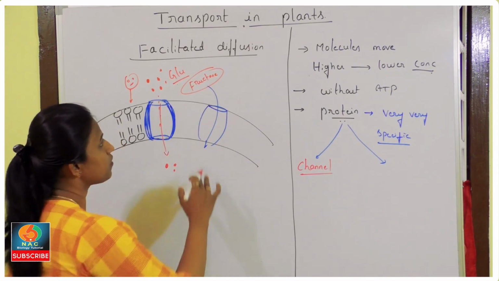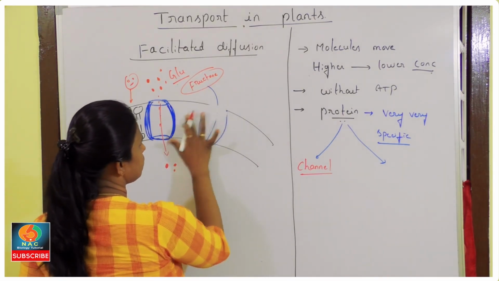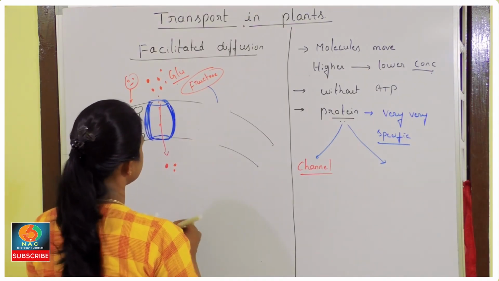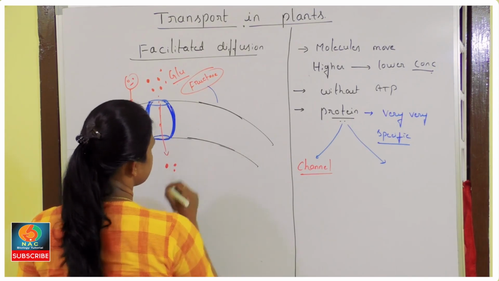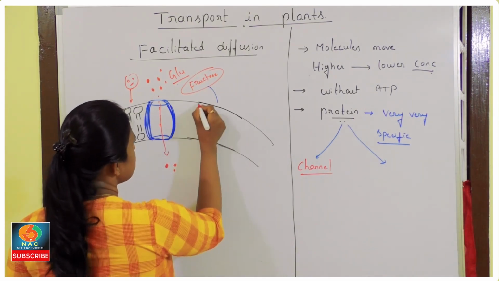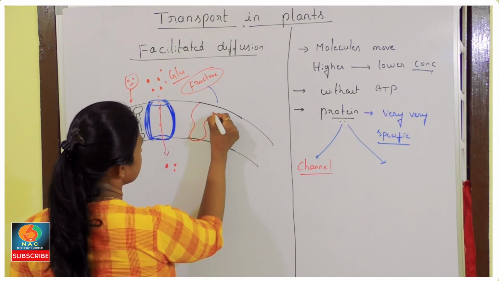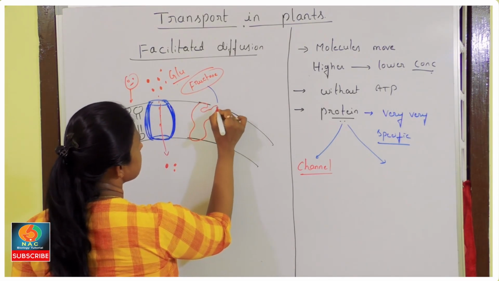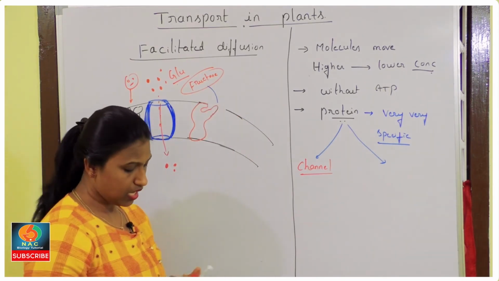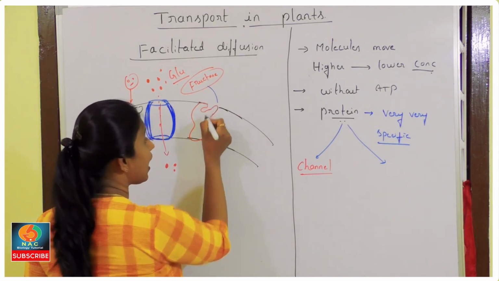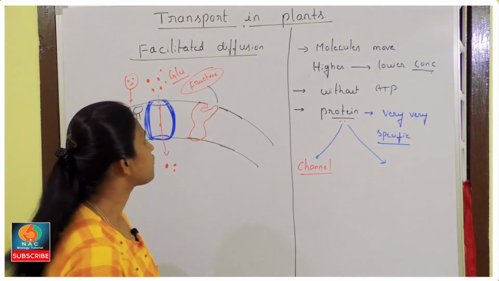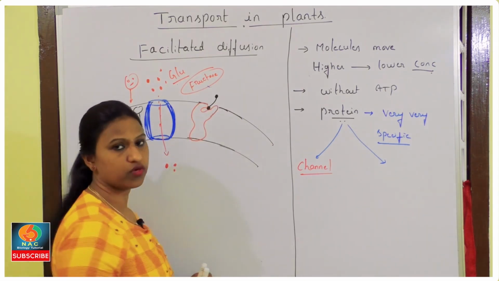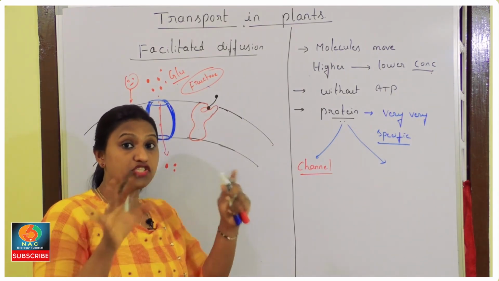There is another protein molecule present here. Okay. Say for example here. Let's imagine here is a protein. So this is a kind of protein. So this protein has the capacity to accept the molecule. Say for example, a molecule is present here, it comes and binds here to this protein. Then automatically it will change its shape.